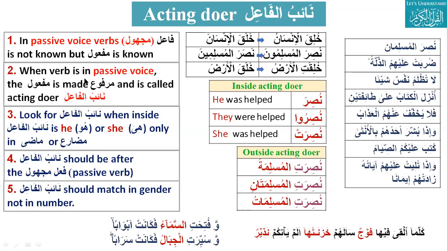It should be marfu. Can you please translate this? The book was sent down upon two groups. Taifa is one group, taifatayn two groups. The book was revealed. Thank you.